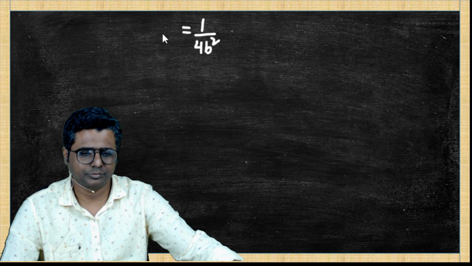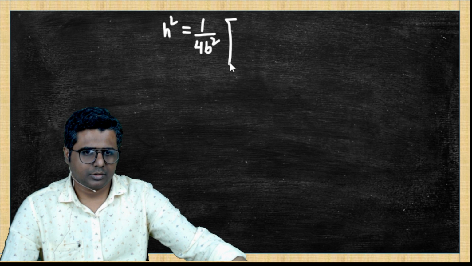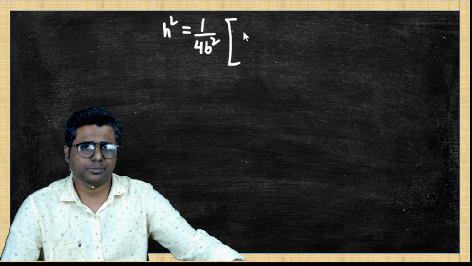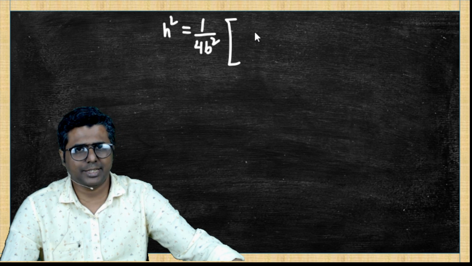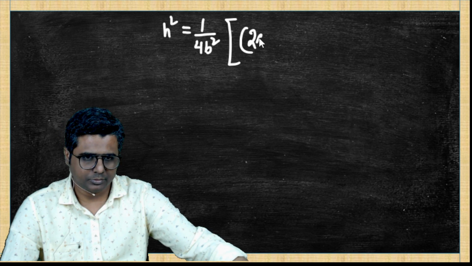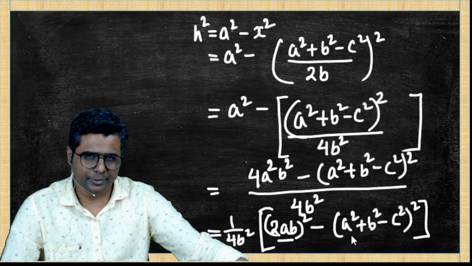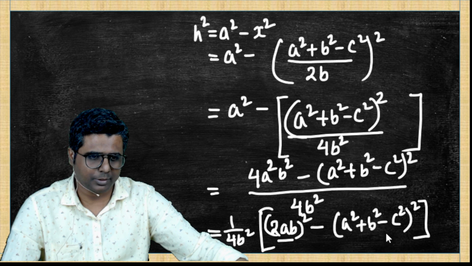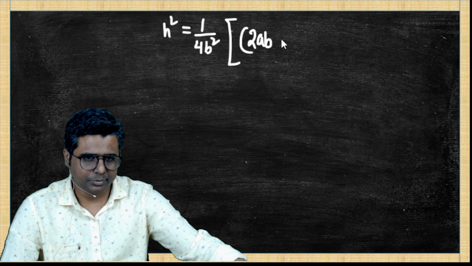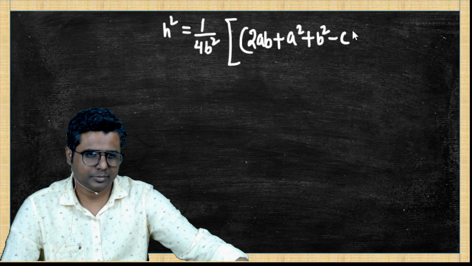So here what I am getting: 1 by 4b square, and I was calculating h square. My a square minus b square term has to be broken into a minus b and a plus b, right? So that's what I'm going to do. See, 2ab, this part, first I'm writing a plus b: (2ab plus a square plus b square minus c square).